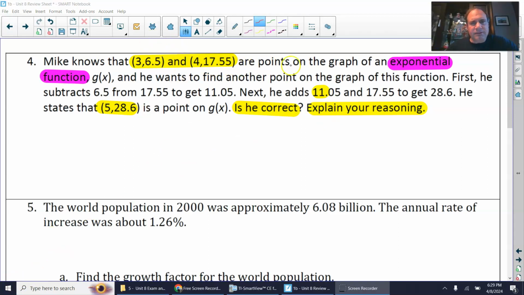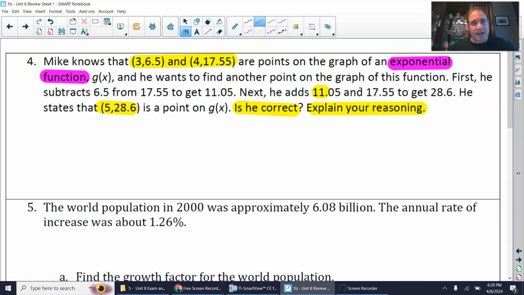So all of this right here, and then I looked at it again, and this is an exponential function. So the fact that he is adding and subtracting to get the next number, 28.6, that is not going to work for an exponential function. So we're going to explain the reasoning.